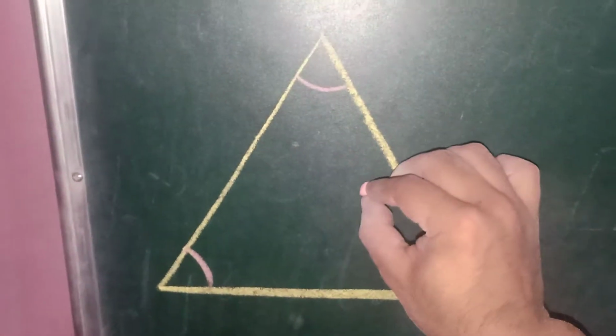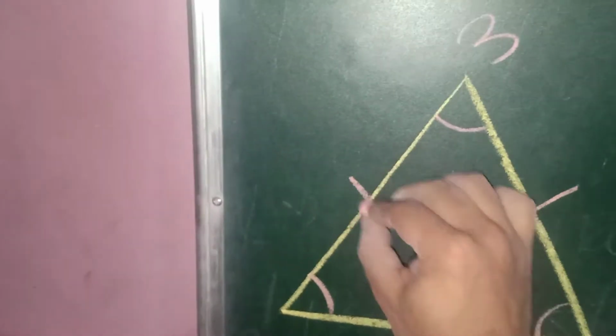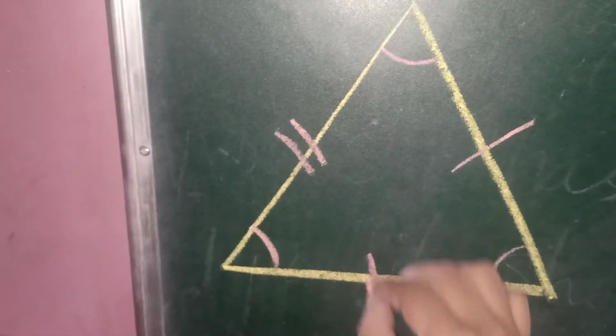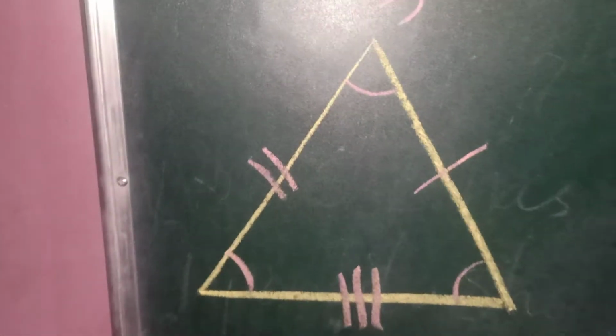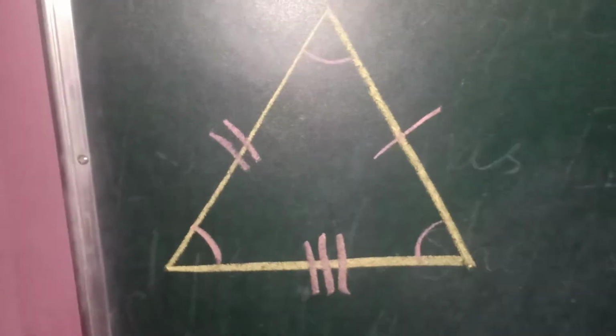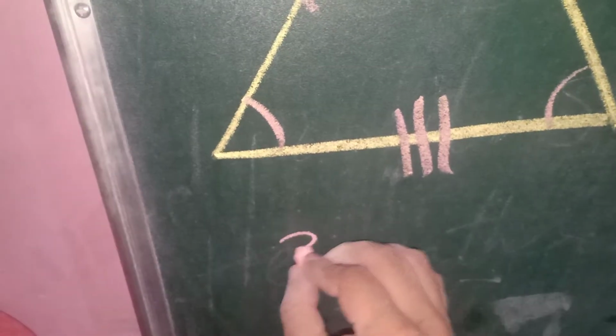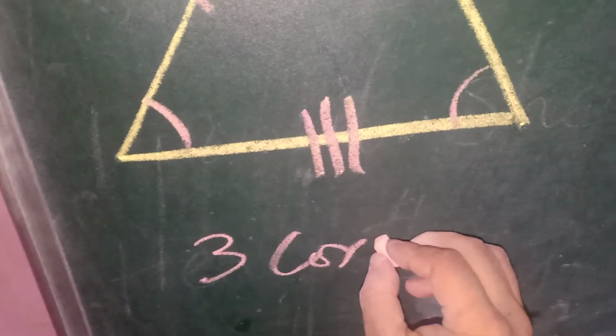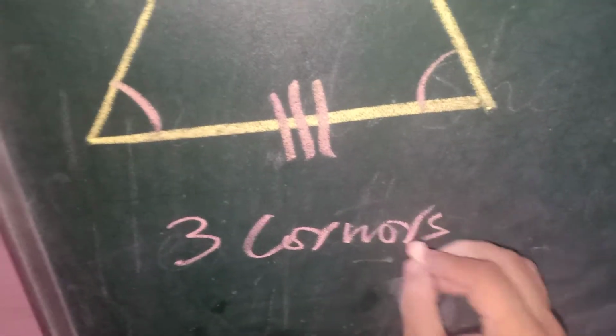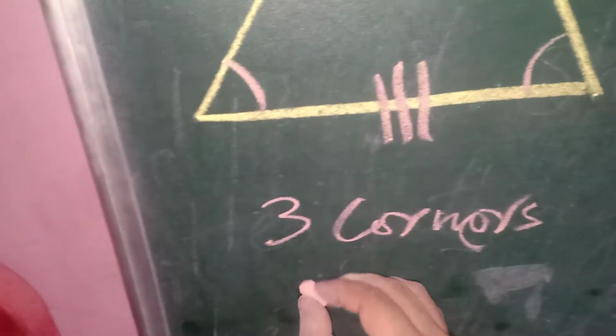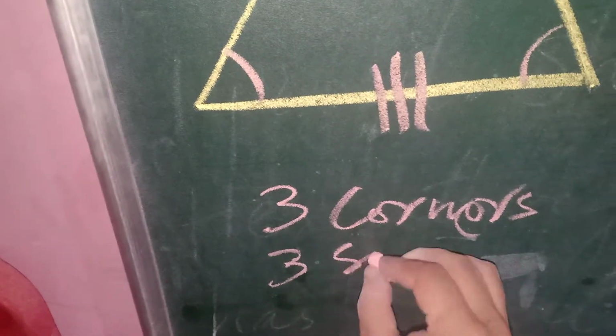These are some of the sides. How many sides are there? There are three sides. So we will write here three corners and three sides.